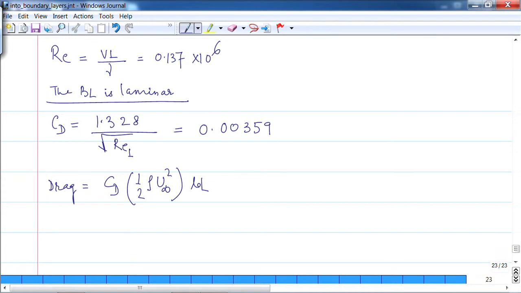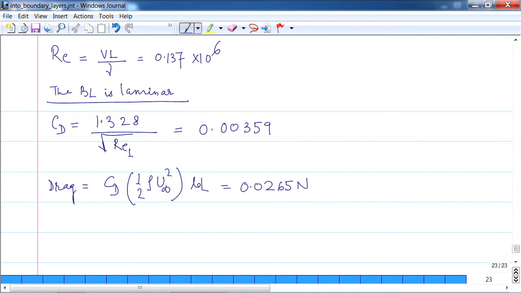Free stream velocity is 2 meters per second, and the size of the plate, so b and L, are also known. So what I get here is the drag in newtons.